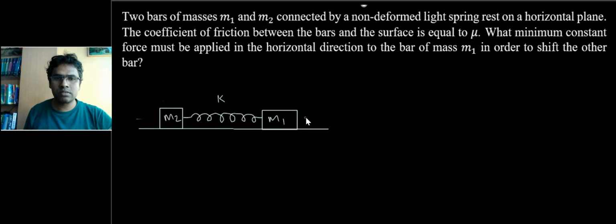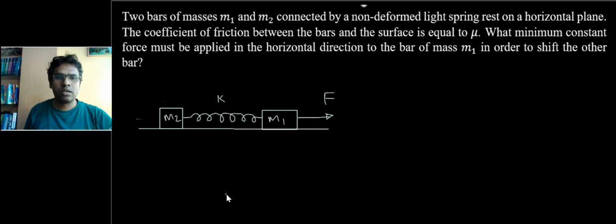We're asked to find the constant force that you must apply horizontally to the bar of mass M1 so that we are able to just move the other block. So the other block should just shift, should just dislodge from its position. So we need to find the force value.